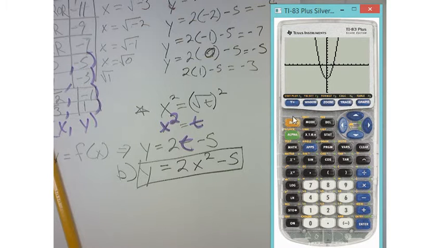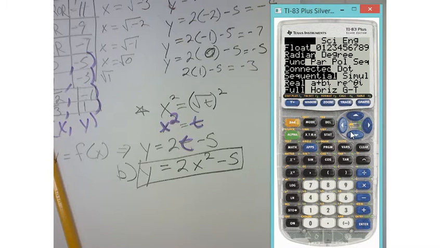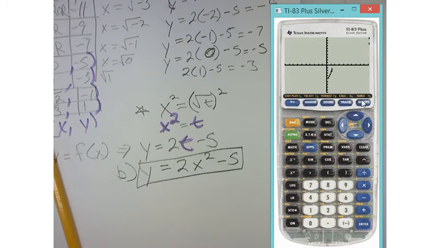The reason that I only get half, so let's go back to the other mode. The only reason that I get the right half of the graph is because t is restricted.